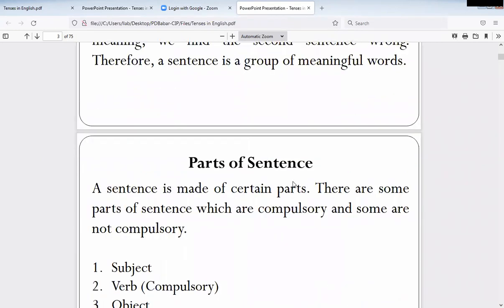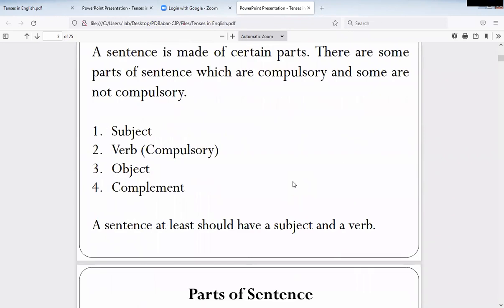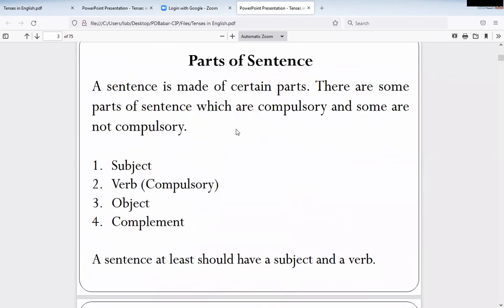In this slide we can see that a sentence is made up of certain parts, and some parts are compulsory and some are not.